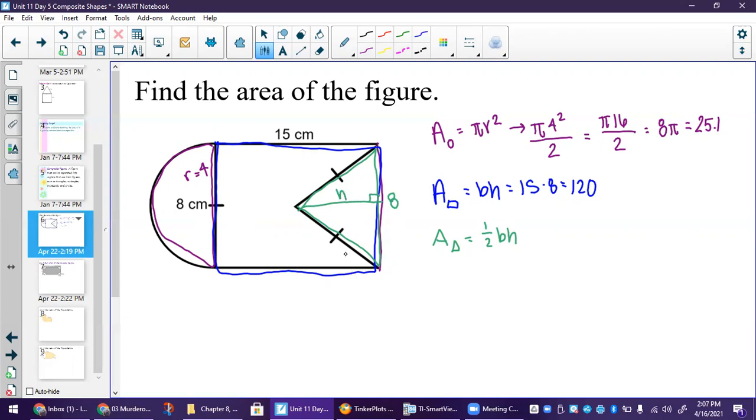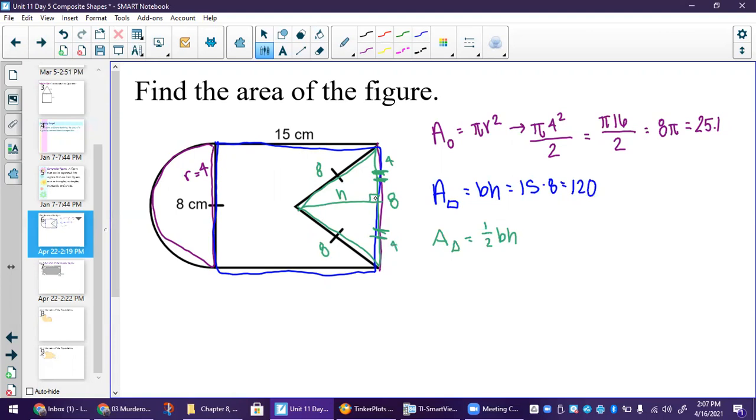There's a couple different ways to think about this. Looking at this triangle, I see that we have these tick marks also, so I know that all 3 sides are 8. This is an equilateral triangle. If I'm drawing down the height here, that means that these 2 sides are going to be congruent, meaning that they have to be 4 each.